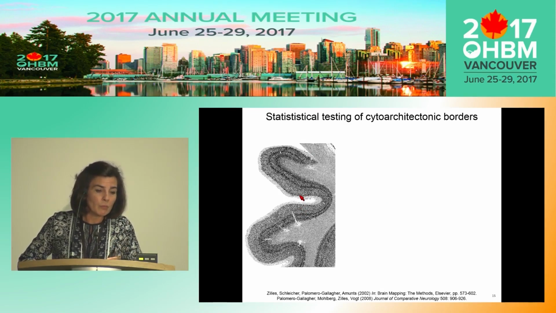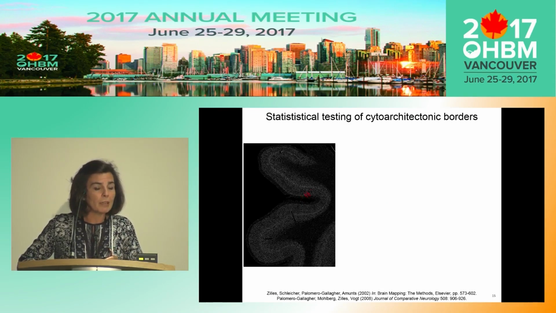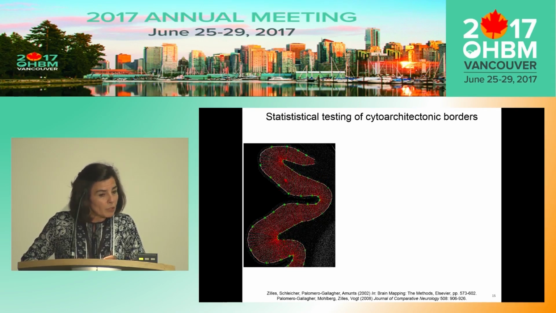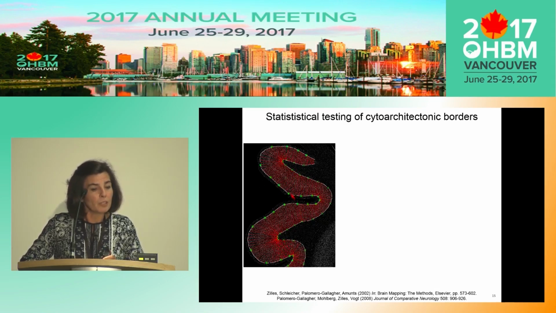We can transform this image here into a gray level index, and if we then draw contour lines separating layers 1 and 2 and then layer 6 from the white matter, and we extract GLI profiles perpendicularly to these lines, we can measure the changes in the gray level index along each one of these profiles.